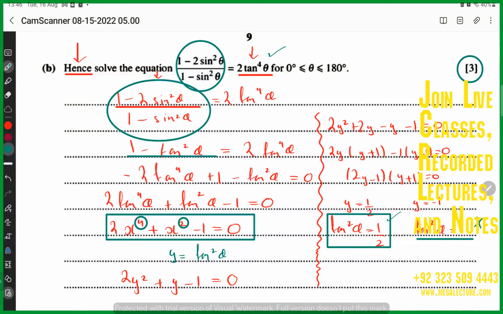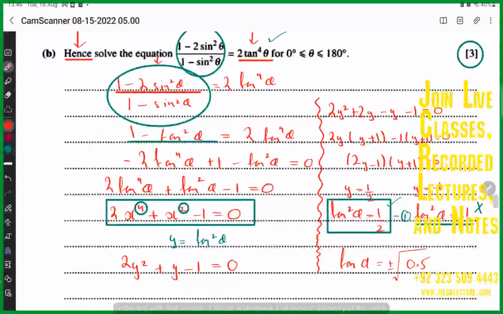So no solution from this, and you would only get solutions from the first equation. And now what exactly would that solution be? Okay, so for that, think about it this way. Tan theta is equal to, I will take the square root, and this would become plus minus 0.5.